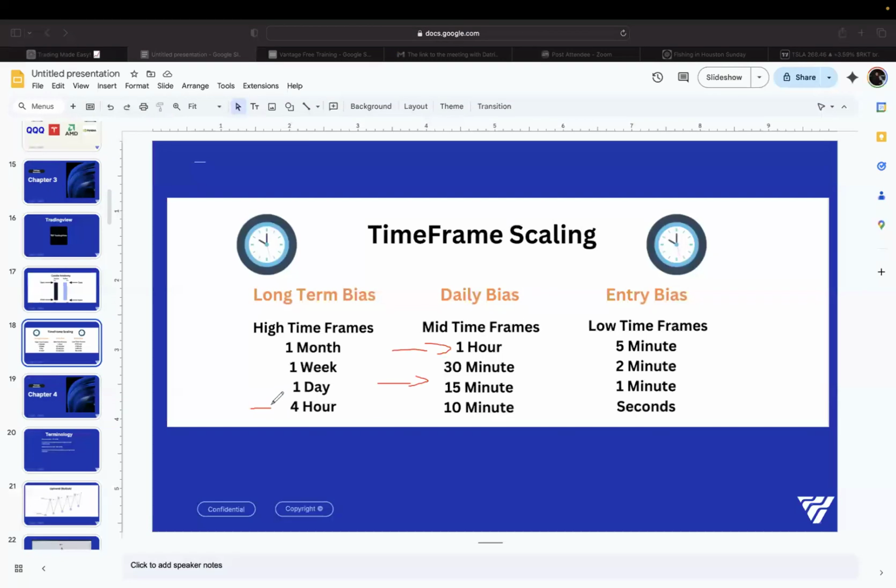But we always want to start off on the 4 hour just to see the bigger picture. So remember the strawberry analogy I gave. We want to see what we're potentially going to eat. So we see it from afar. So let's say this is us. We see it's a strawberry. We see it from afar. Okay, it's a strawberry.